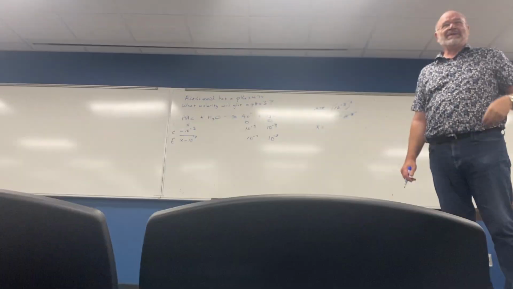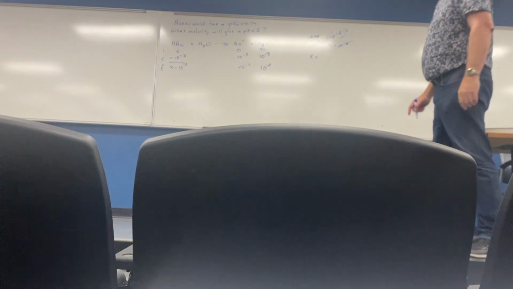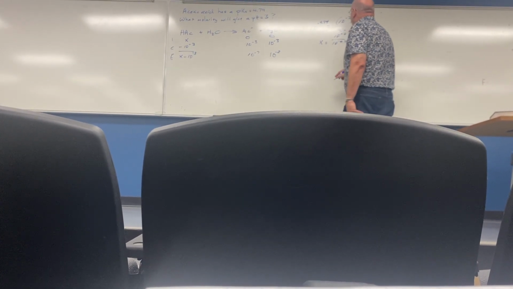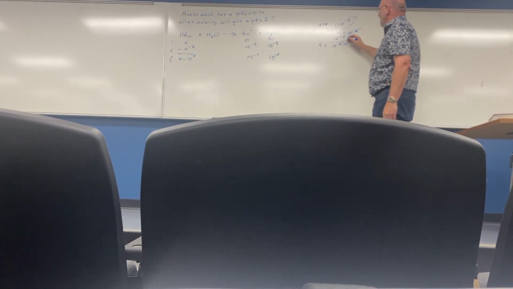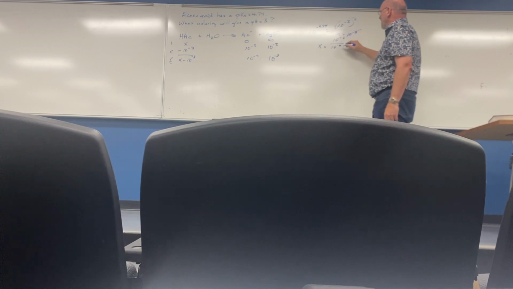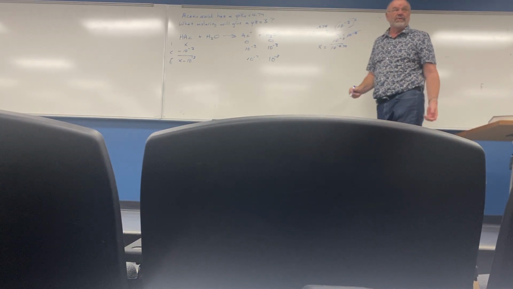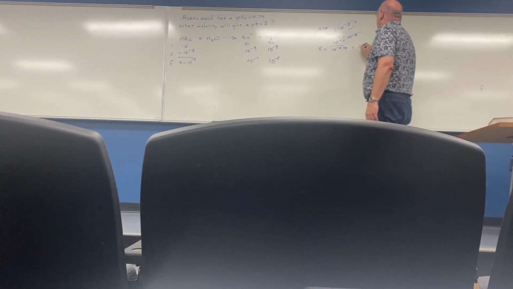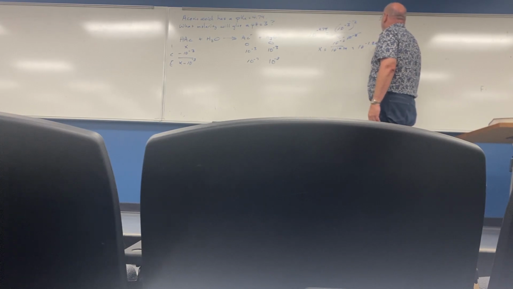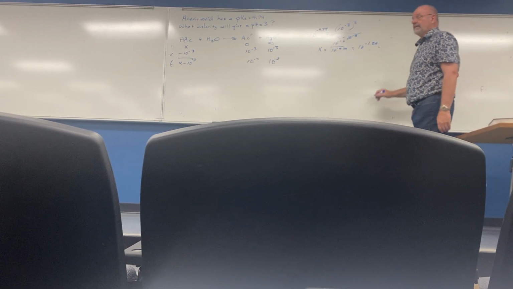I could do simple addition and subtraction here. x is equal to 10 to the minus 6 over 10 to the minus 4.74. When you divide, you subtract exponents, so negative 6 minus negative 4.74 is negative 1.26. It's 0.055.